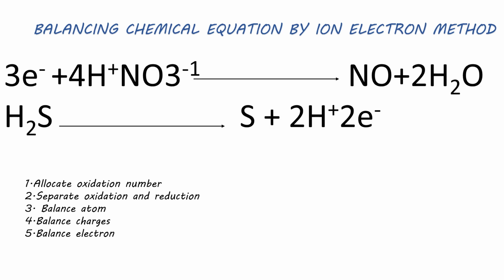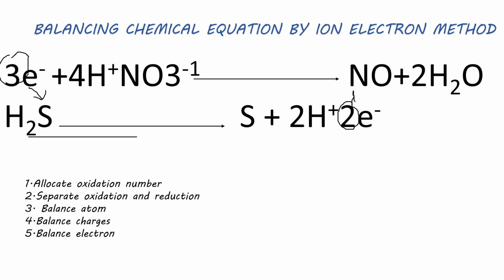Last step basically states that we have to balance the electrons. Now, to balance the electrons, what we're going to do is multiply the coefficient of the electron from this equation and the coefficient of the electron from this equation, through the whole equation.